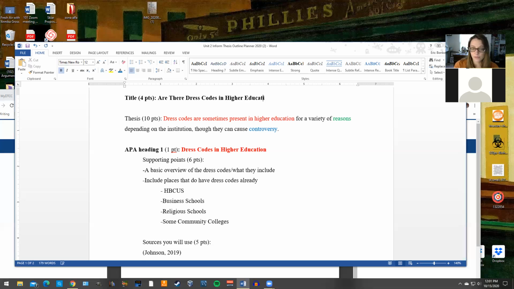Since this is an informational paper, somebody might be seeking out my paper just to understand if there actually are dress codes in higher education.